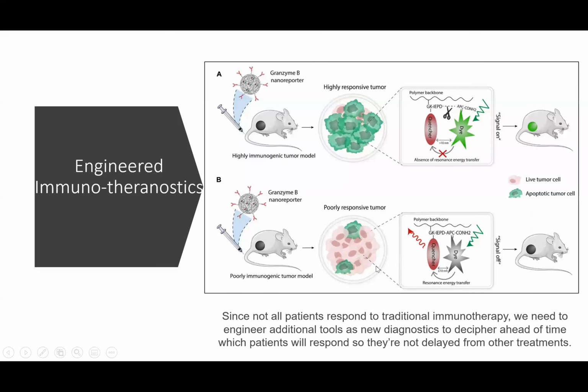No fluorescence will be detected. So we can realize that this tumor is resistant to the immunotherapy. This is what we call immunotheranostics. Of course, I will illustrate all these mechanisms again in detail. This is just an introductory lecture to let you know what are the immunoengineering tools that we will study in the successive lectures.